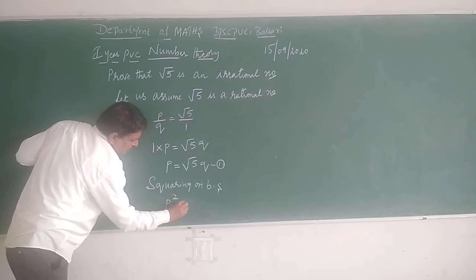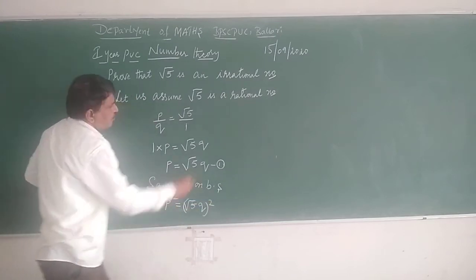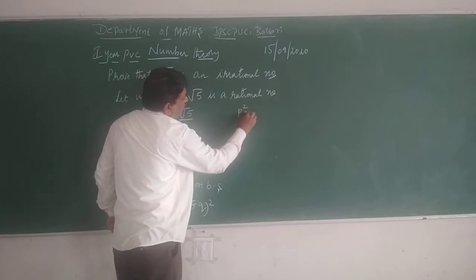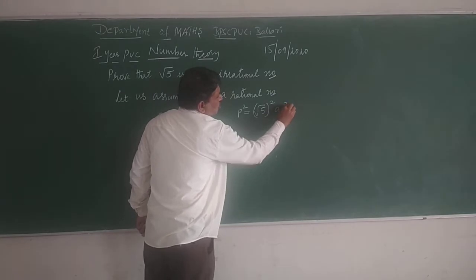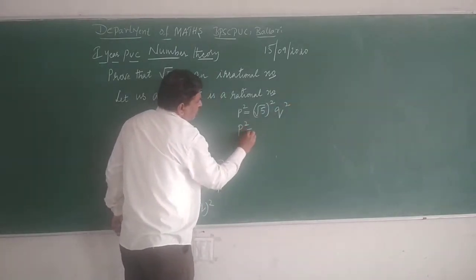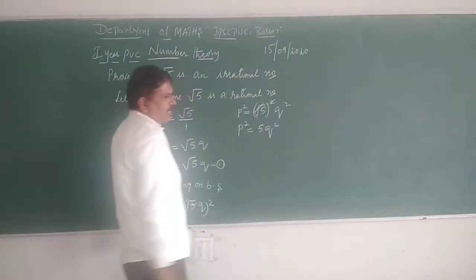What happens? p square is equal to root 5 q whole square. That means p square is equal to root 5 whole square, which is q square. So p square is equal to 5 q square, because root and square get cancelled.